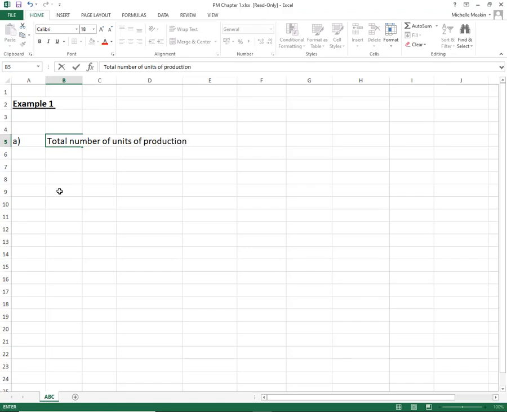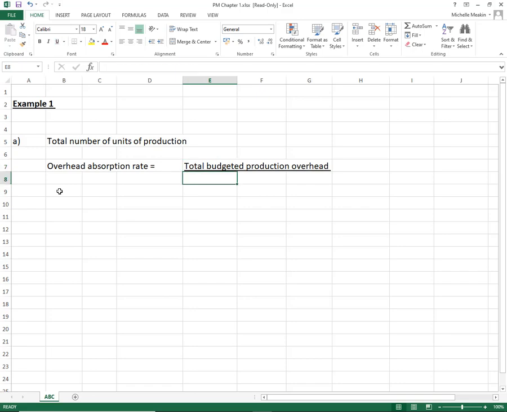If we're taking into account the traditional approach, we will use an overhead absorption rate. An overhead absorption rate is always based on your total budgeted production overhead, and you are going to divide that by the total budgeted production units.